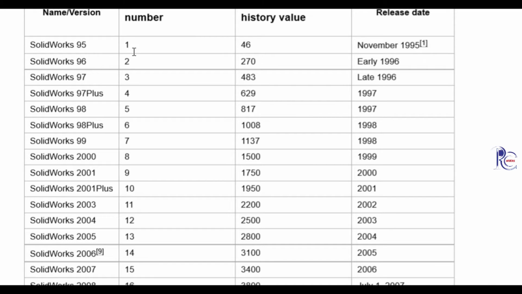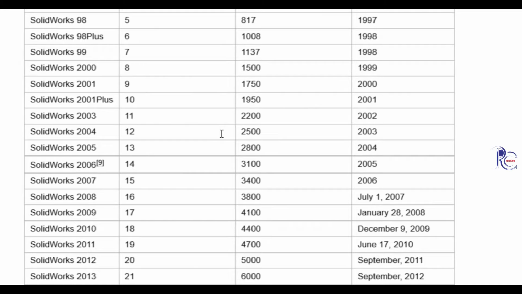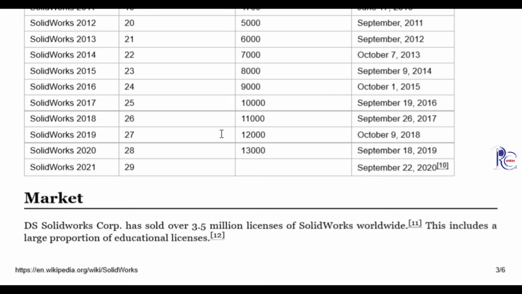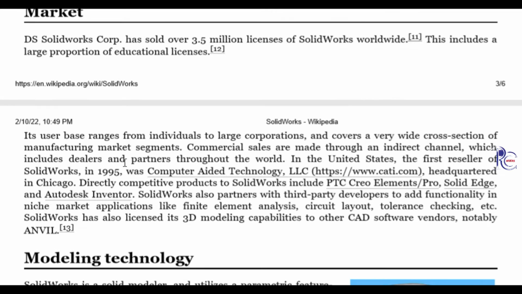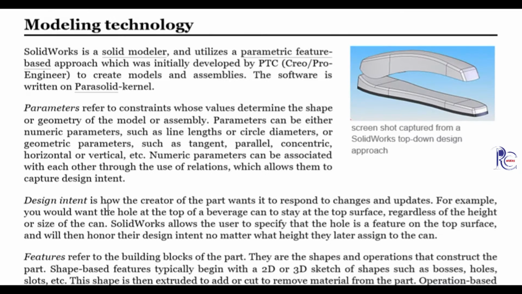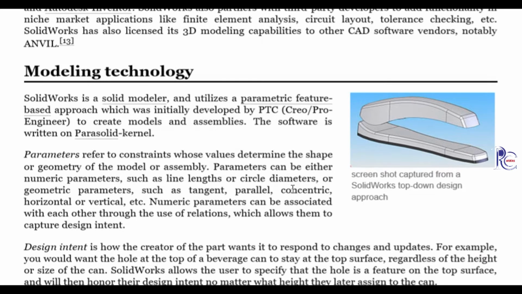We already know that. And then marketed as Dassault Systems Solidworks. This is the main name of Solidworks. It can also be used for modeling and technology. This is one of the favorite software in the mechanical field and it is easy to use, a little bit compared to AutoCAD 3D.